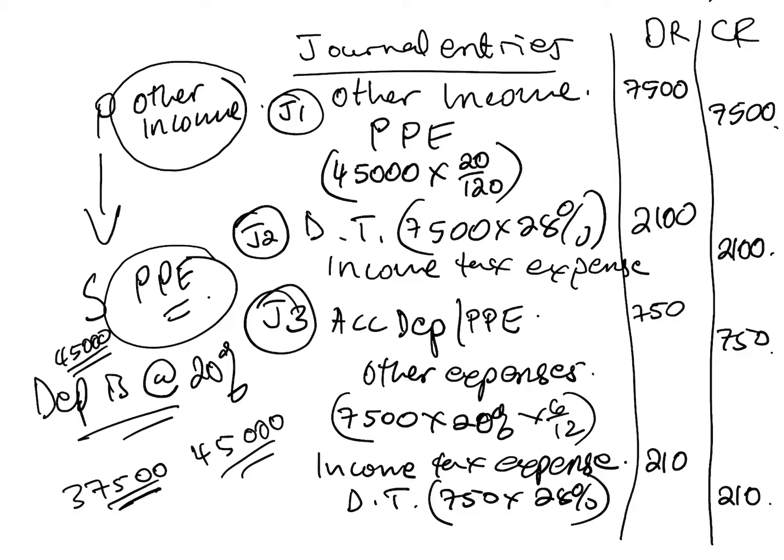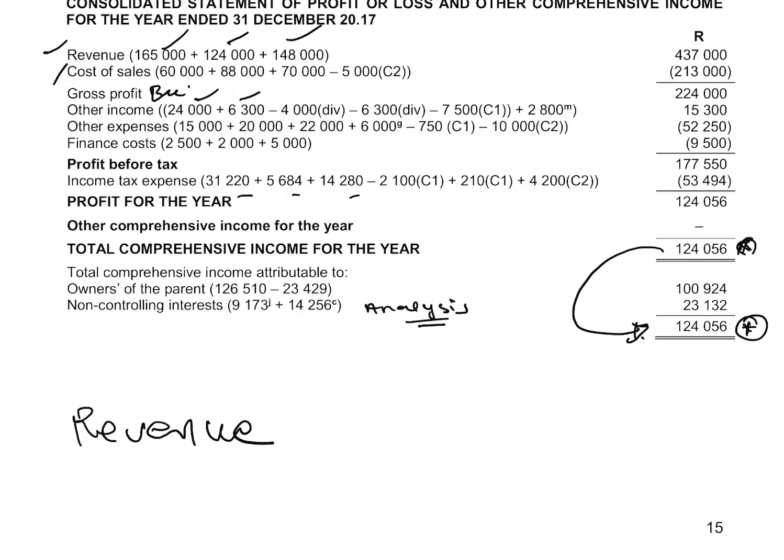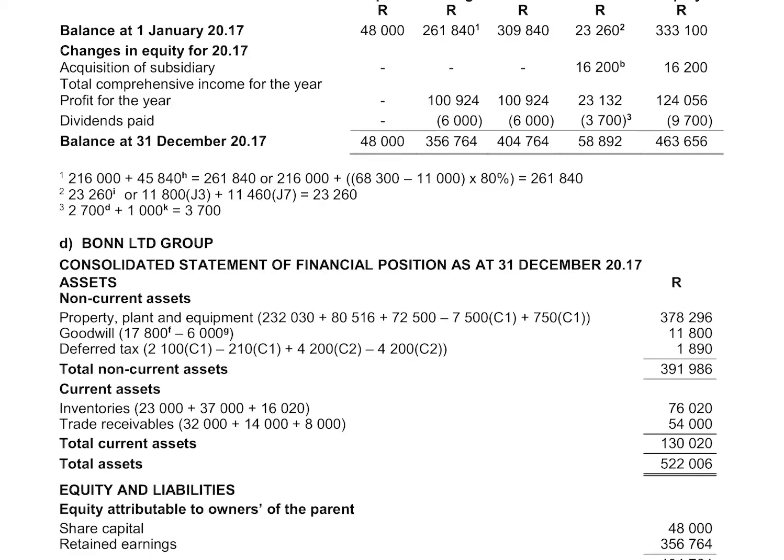So for now, other income in the profit and loss account, we are going to reduce by 7,500. So if you check there on the statement of profit or loss, there is 7,500 rand that we have actually taken out altogether. Then in the statement of financial position, we are supposed to take 7,500 off our PPE.